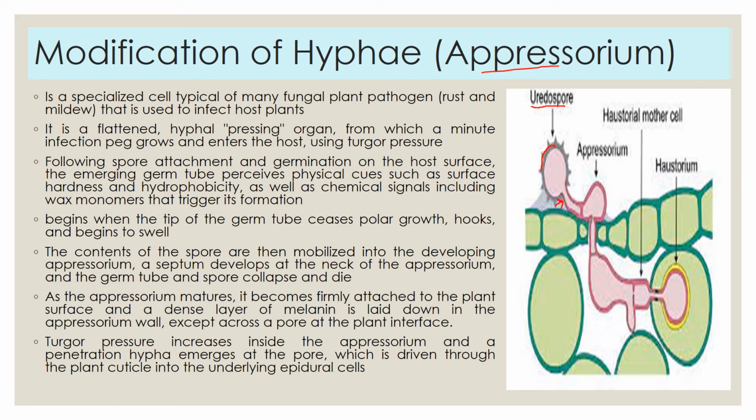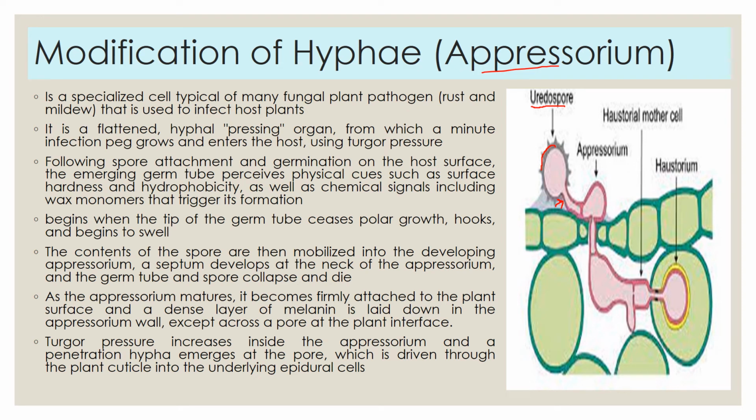So the tip of the germ tube takes environmental cues. That is, it detects the presence of certain chemicals. We know that the plasma membrane or the cell wall of every plant species is different. So any pathogenic fungi searches for the specific chemicals that are present in the plasma membrane of its host plant.